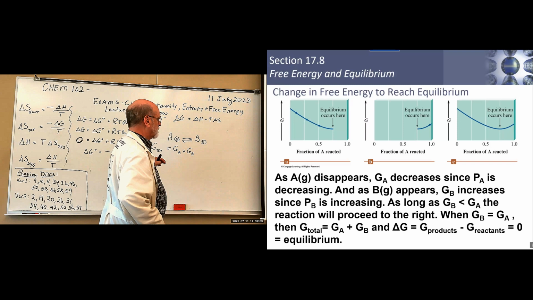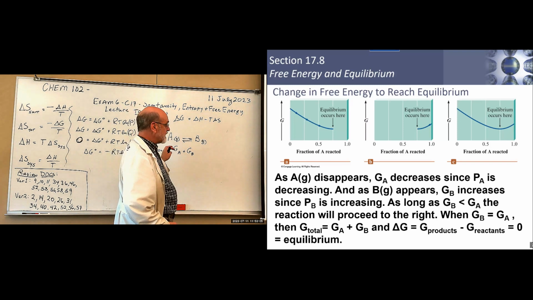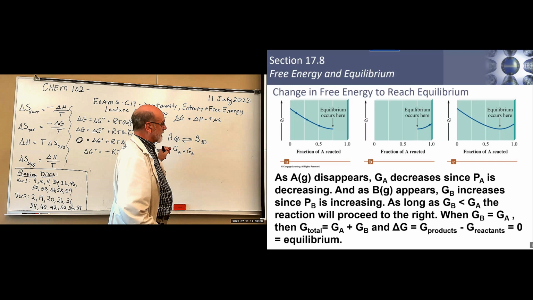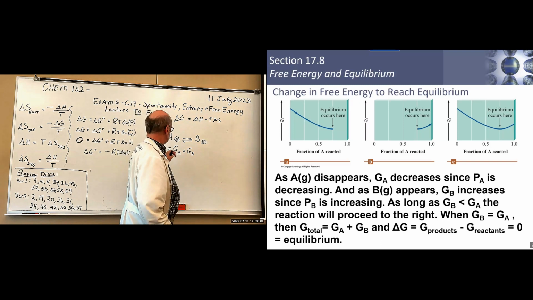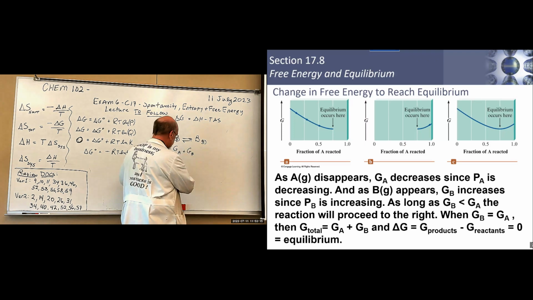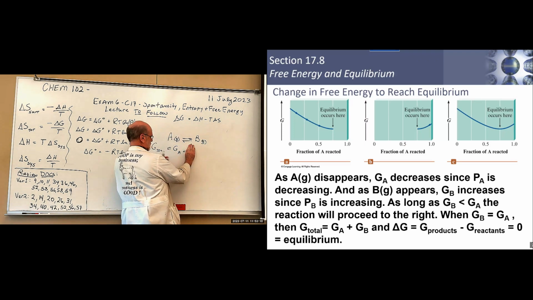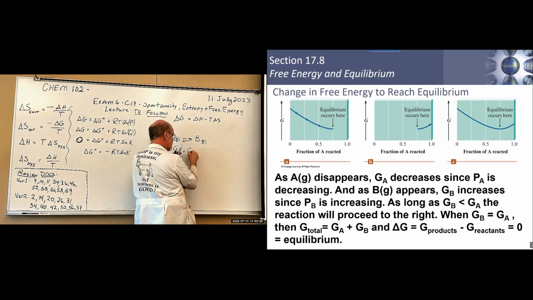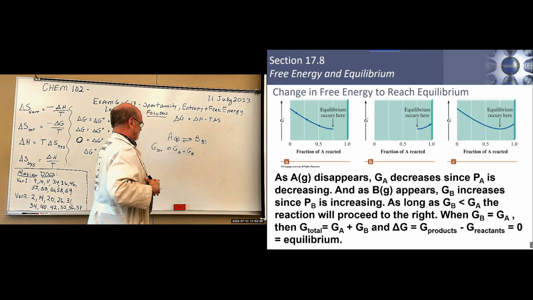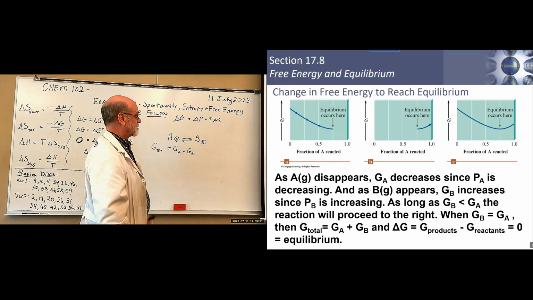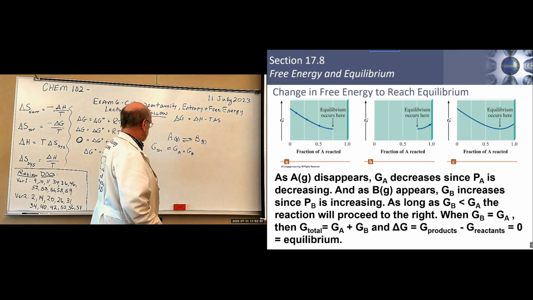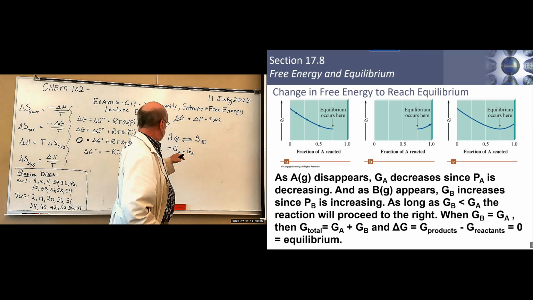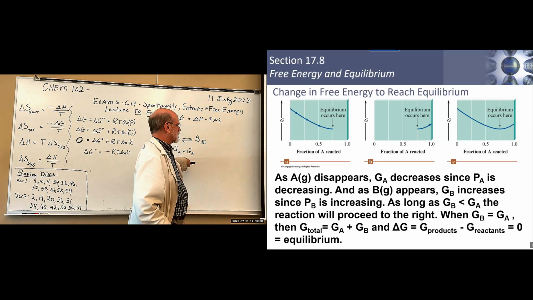And as B, if we start off with A, then as B appears, it wants to go backwards. So in the beginning, it's all this one right here, right? At the very beginning of a reaction, it's all that one. But as you form B, then we start adding in this term. So what we're saying is, as long as the delta G for B is less than A, the reaction will proceed to the right.